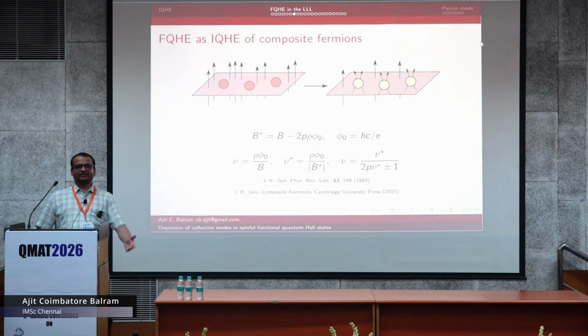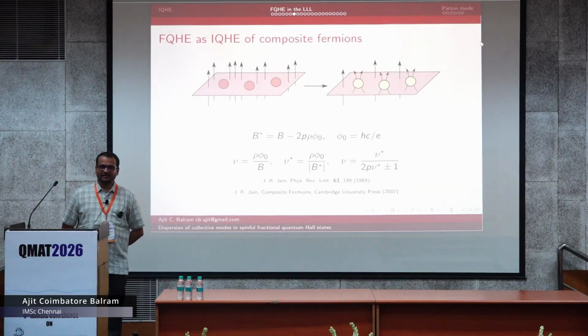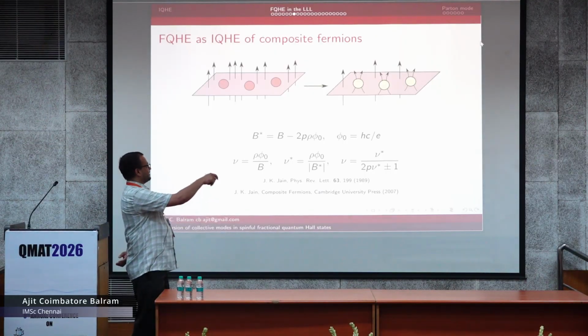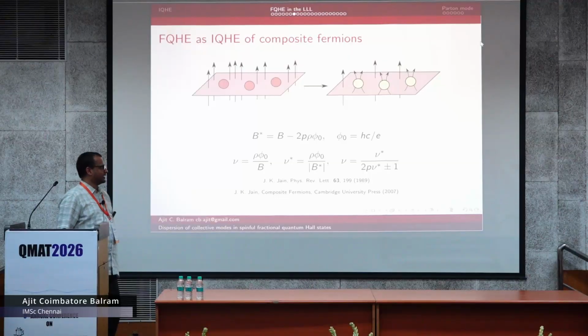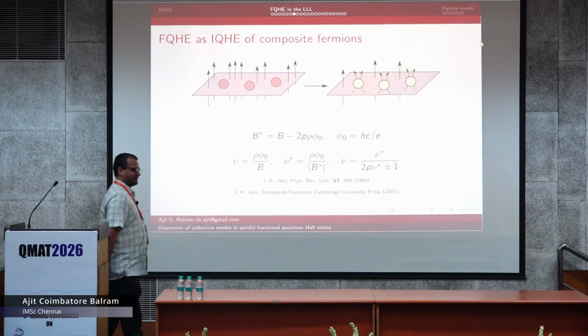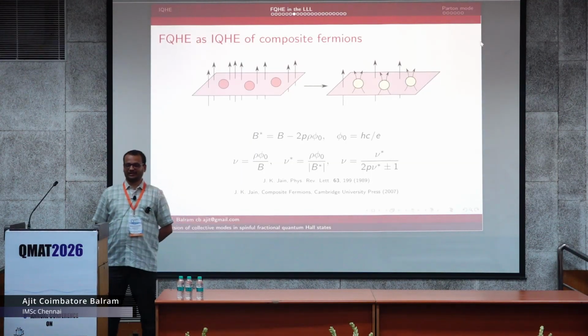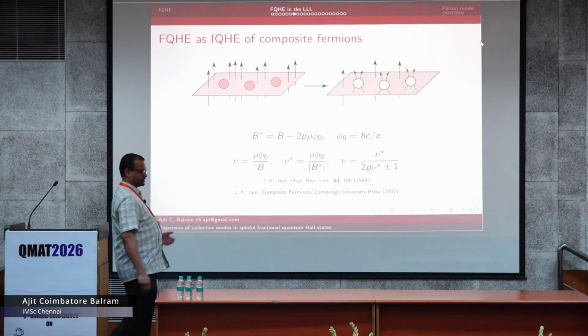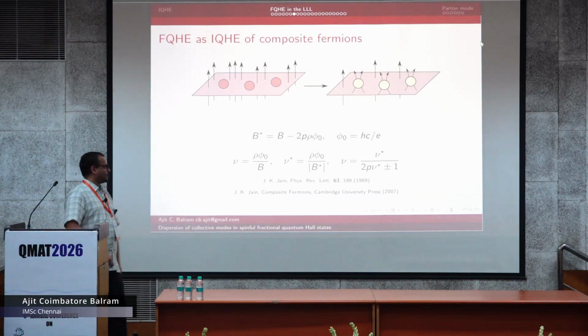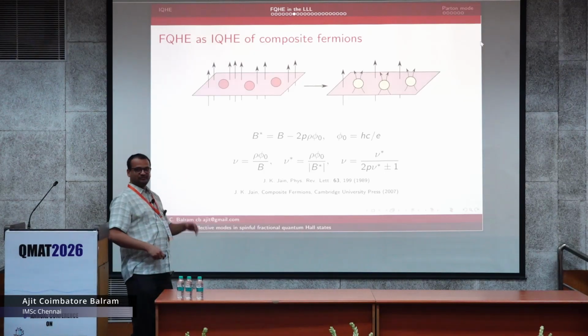And now, just like electrons in a magnetic field form Landau levels, composite fermions in this residual magnetic field that they see form their own Landau-like levels. So these are called lambda levels. And whenever an integer number of these lambda levels are filled, you get fractional quantum Hall state of electrons. So this mapping allows you to map quantities of electrons to quantities of composite fermions. So all the star quantities here are quantities for composite fermions.